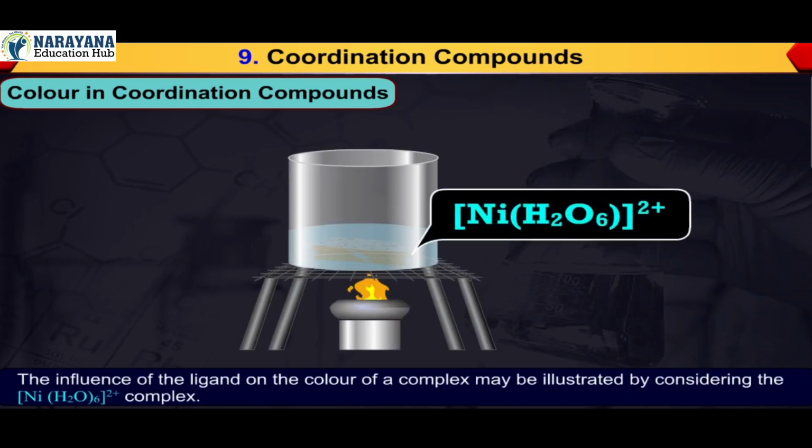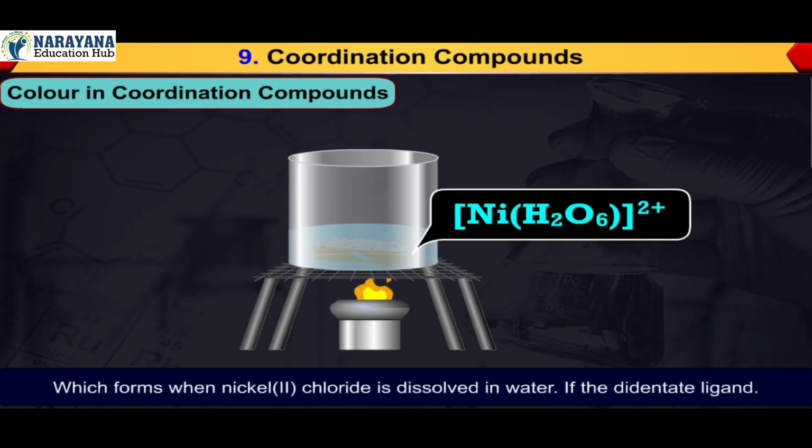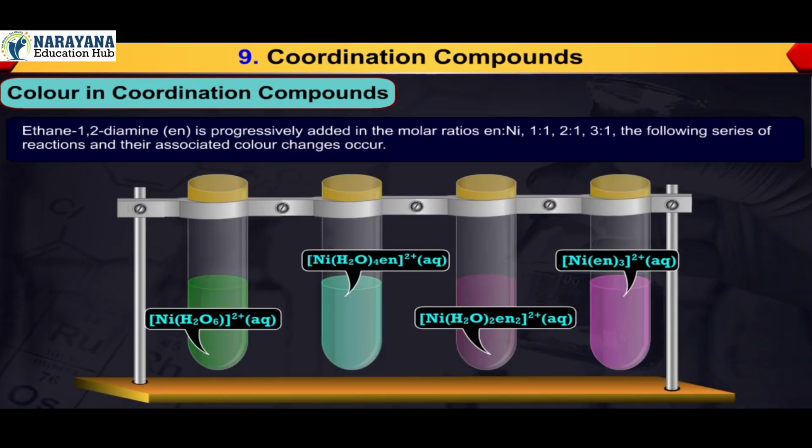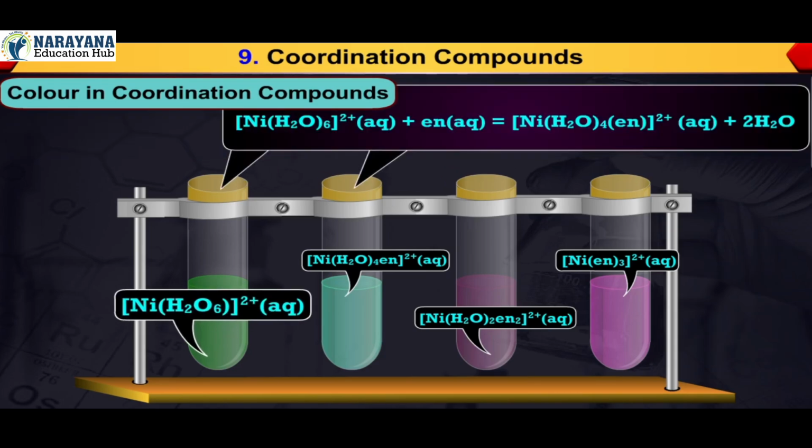The influence of the ligand on the color of a complex may be illustrated by considering the [Ni(H2O)6]2+ complex, which forms when nickel(II) chloride is dissolved in water. If the didentate ligand ethane-1,2-diamine (en) is progressively added in the molar ratios en to Ni 1:1, 2:1, 3:1, the following series of reactions and their associated color changes occur.